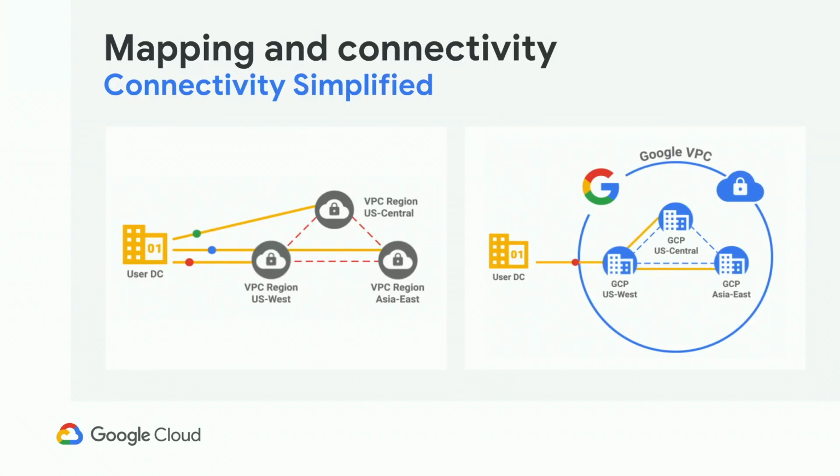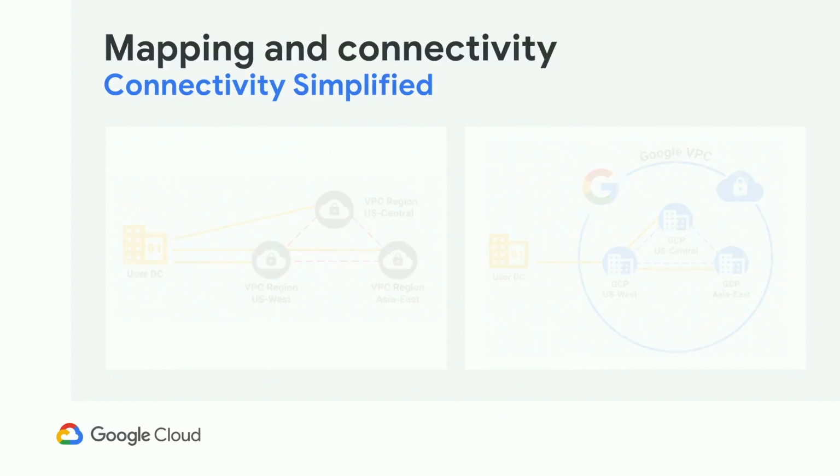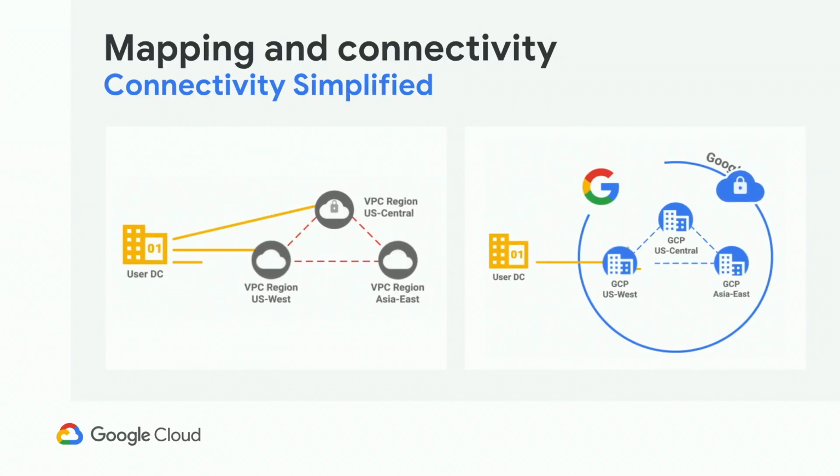Then you will need to create connectivity to privately connect those separated regional VPCs. In addition, now you need to connect your data centers to each of those regions. You can see that this traditional approach to VPC creates a lot of overhead in terms of connectivity, setting things up to provide the connectivity that you need for your global deployments and across all your teams.